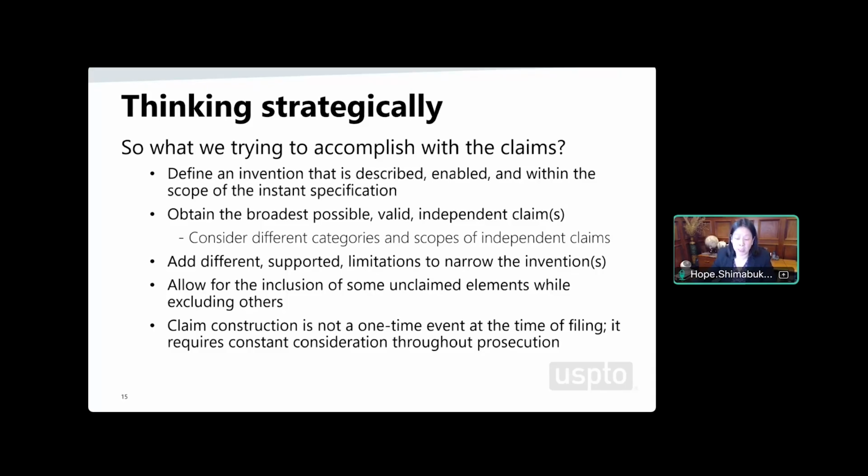In some circumstances, as I mentioned, you may receive an allowance, but you may also decide that the claims are too narrow to be useful to exclude others. As a result, you may still want to amend those claims.